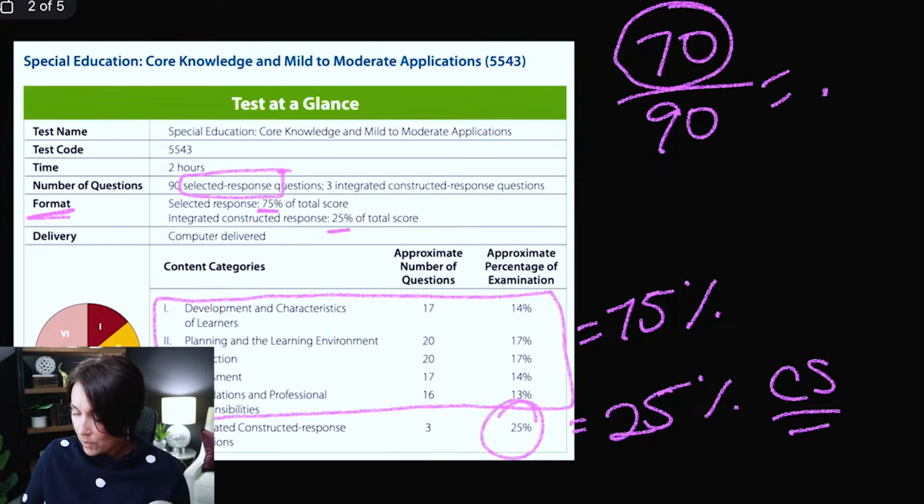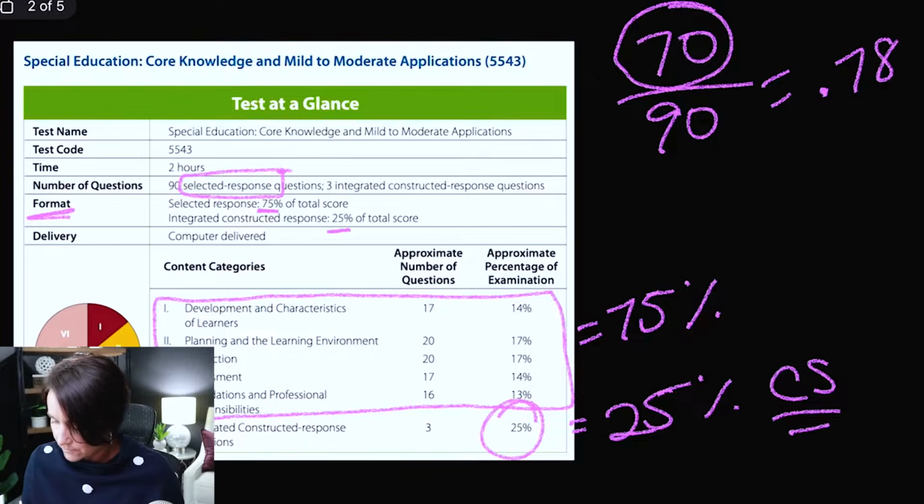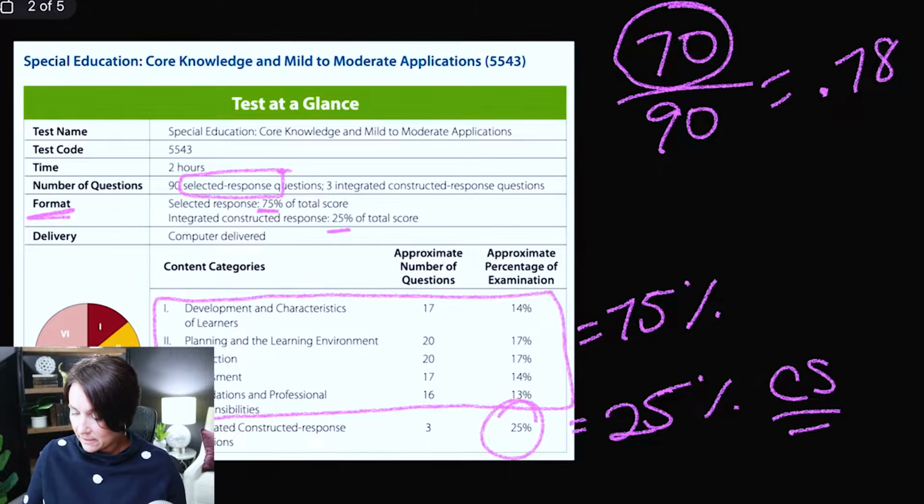But let's just say I get 70 out of 90 on the selected response. Well, what I want to do there is I want to get a percentage correct. So I take my raw score, which is a 70, divide that by the total, which is 90, to get my percentage, and I get 0.78. Okay, so that's basically a 78%, right?